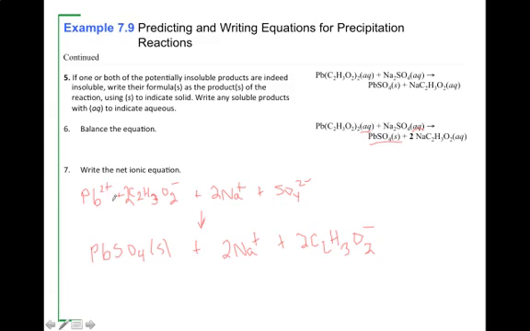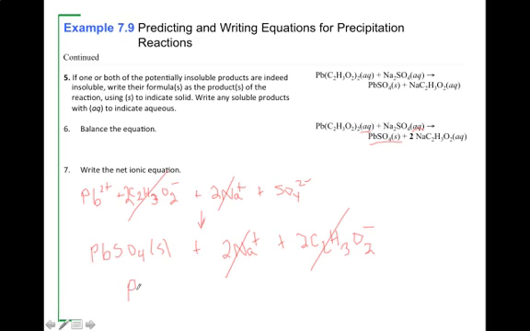Lead 2 cannot be canceled because it does not occur as lead 2 on the product side. These 2 acetates, however, can be canceled because they occur the same on both sides. These two sodiums can be canceled because they occur the same on both sides. Sulfate cannot be canceled. So notice what we're left with.